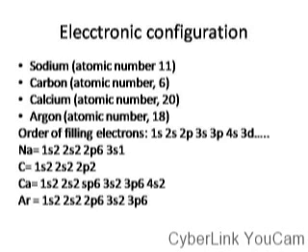For calcium that has 20 electrons, the electronic configuration will be 1s2, 2s2, 2p6, 3s2, 3p6 and 4s2. And for argon that has an atomic number of 18, the electronic configuration will be 1s2, 2s2, 2p6, 3s2 and 3p6, as you can see on your screen.